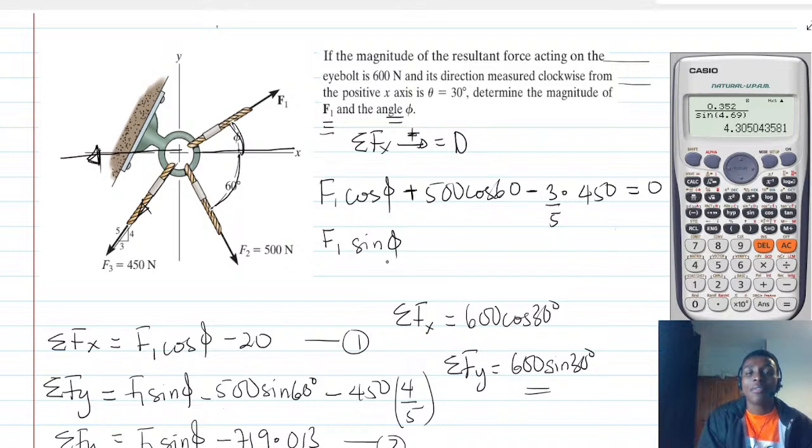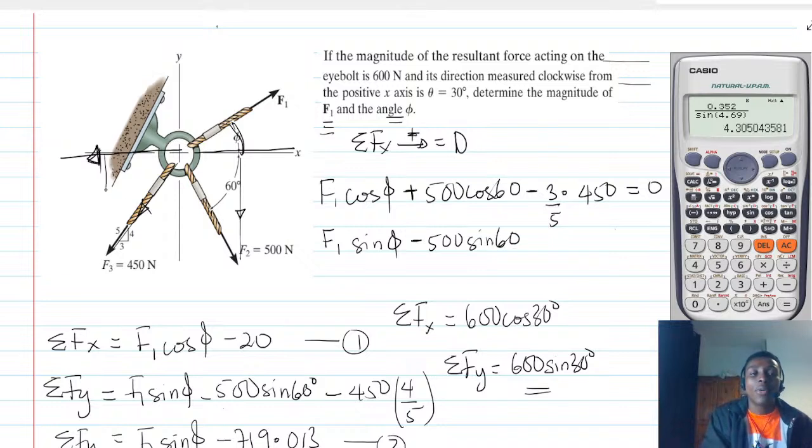So F1 sine phi, but then you look at this, you see that the F2 y component is going to come down, so minus 500 sine 60.